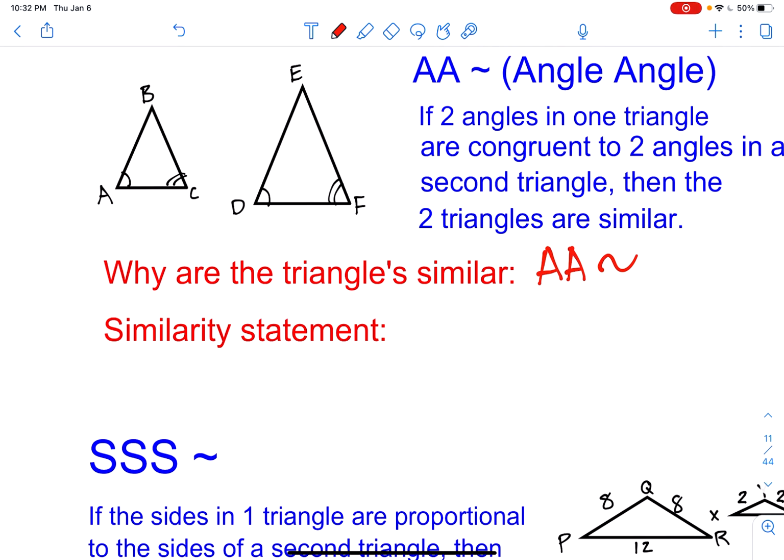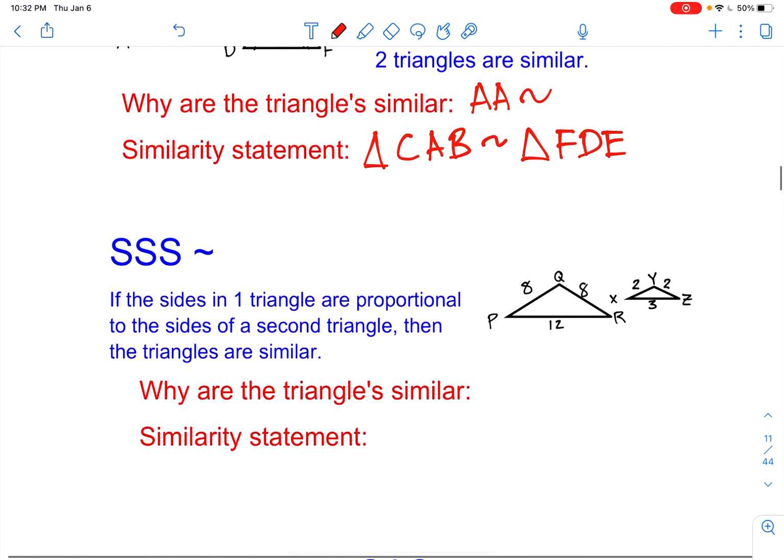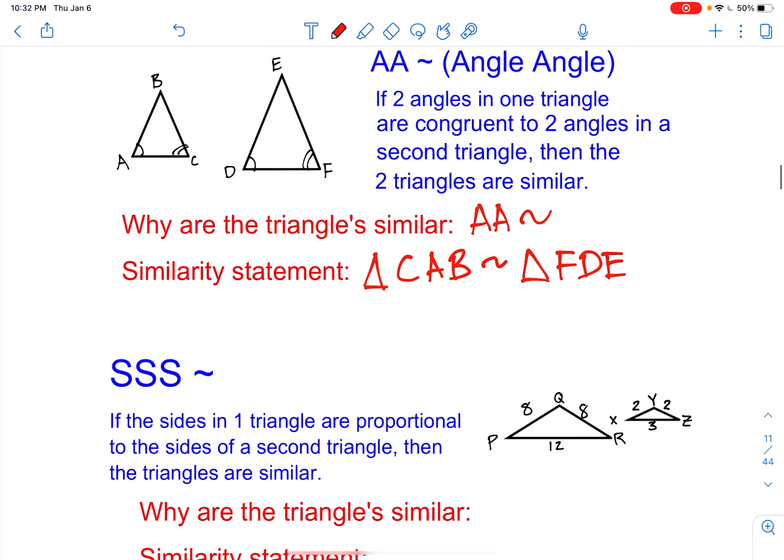Similarity statement, I would say triangle ABC, or in this case, I'm going to use CAB, is similar to FDE. CAB is similar to triangle FDE. Okay, and you could have arranged those in multiple ways. You just have to make sure that they correspond to one another.